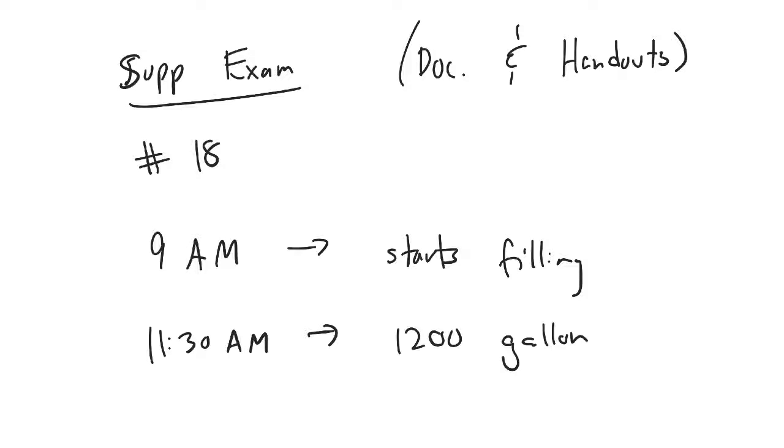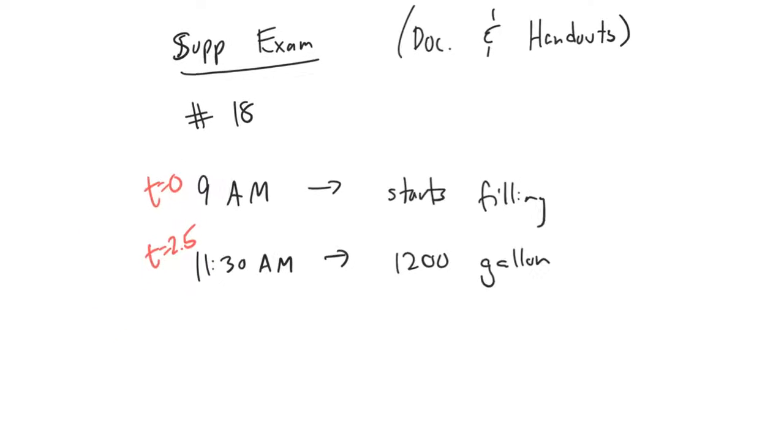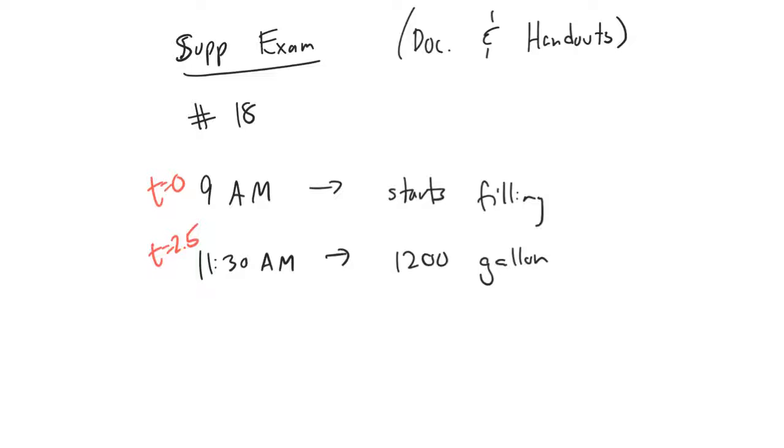So you call your starting time equals 0. If 9 a.m. is time equals 0, then 11:30 a.m. is time equals 2.5. I'm just looking at the gap in the time that has elapsed. That makes these coordinates a lot simpler than dealing with the actual times of 9 a.m. and 11:30 a.m. If it starts filling at 9 a.m., how much did it have in the tank at 9 a.m.? Nick? 0.